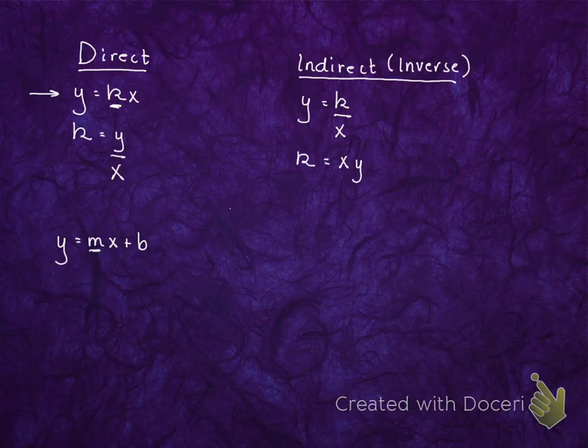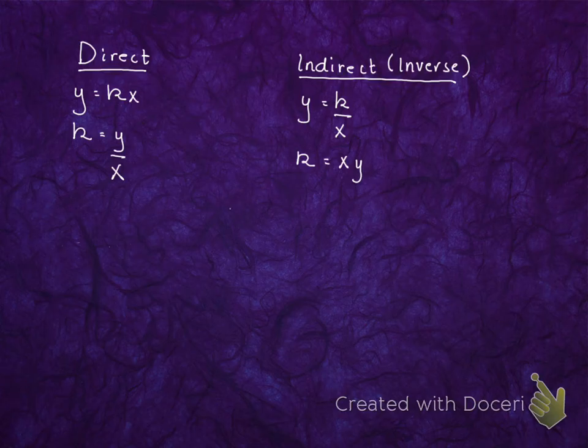So a direct variation equation is a line with a y-intercept of 0, which means that the line that you graph, being a direct variation equation, has to go through the origin, okay?